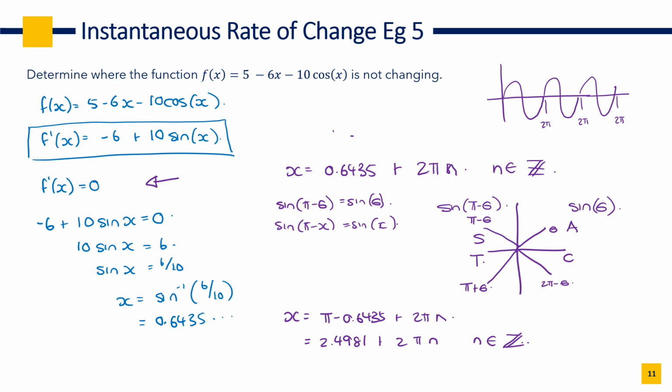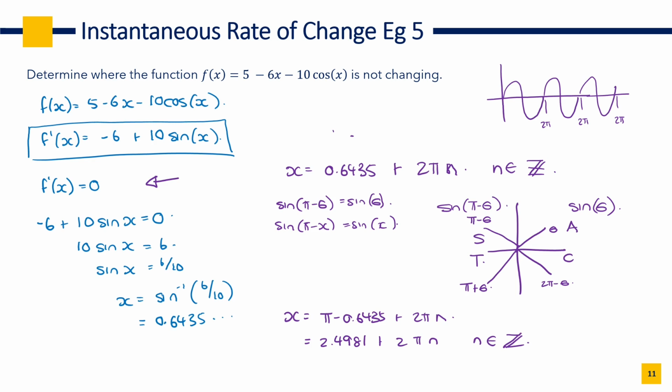Okay, so it does get more complicated than just taking the first derivative. You need to consider other information you have learned in the past to finalize your solutions. In this case, your sine, your cos, and your tan are repeating periodic functions, and then you have to consider your unit circle.